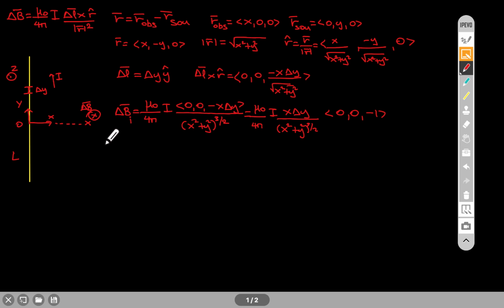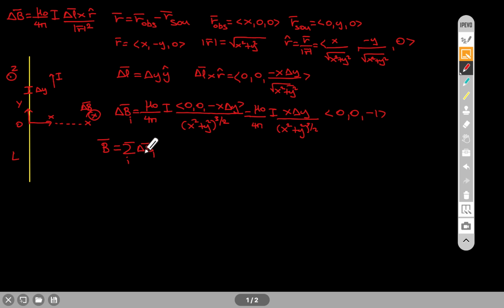What I want though is to find the total magnetic field created by the entire current carrying wire. To do that, I need to add all of these contributions to the magnetic field, created by all short pieces of wire.